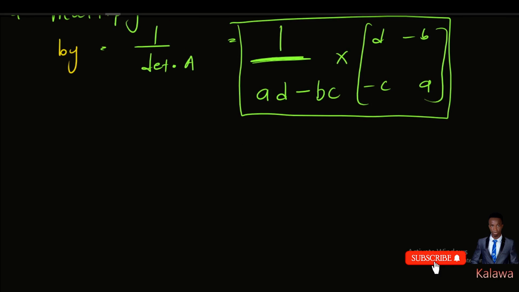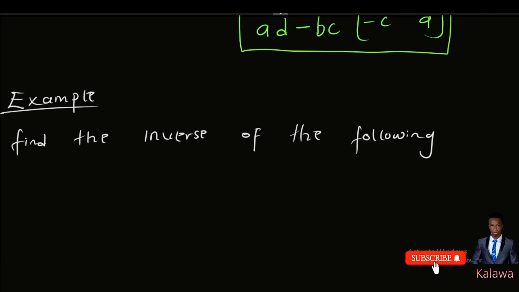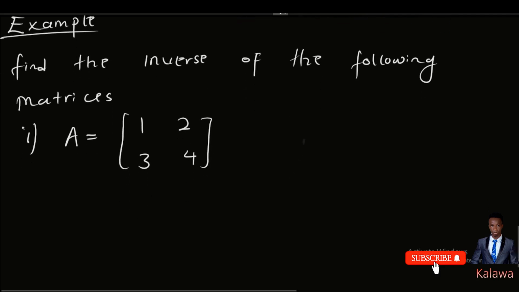For example, we are asked to find the inverse of the following matrices. On figure 1, we have A matrix to be 1, 2, 3, and 4.